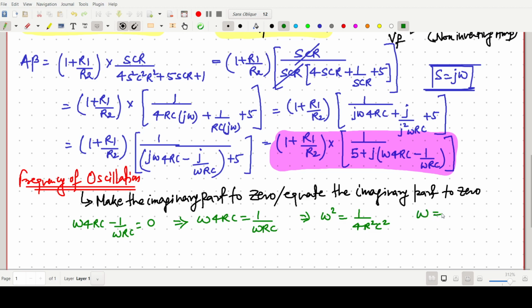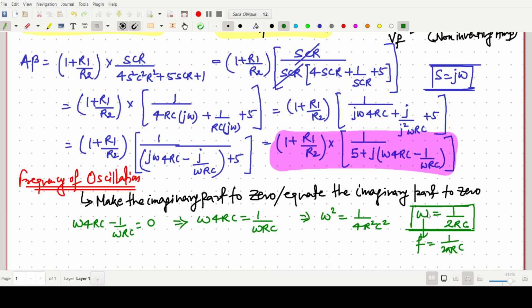So omega value will be 1 by 2 RC. So this one is the frequency of oscillations. If we have to write in terms of f, we have to write 1 by 2 pi RC. So this one is the way to find the frequency of oscillation.